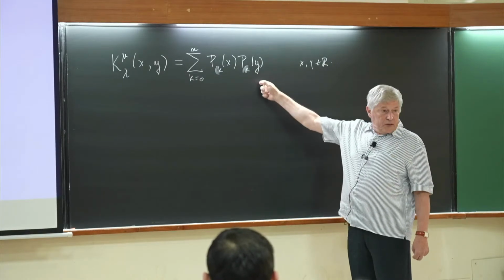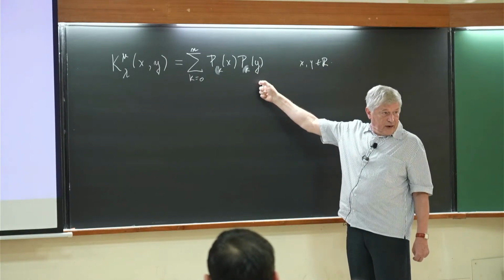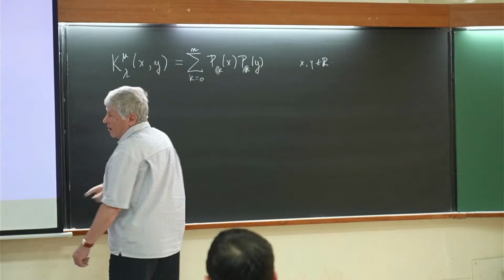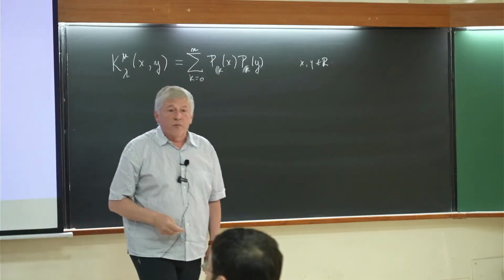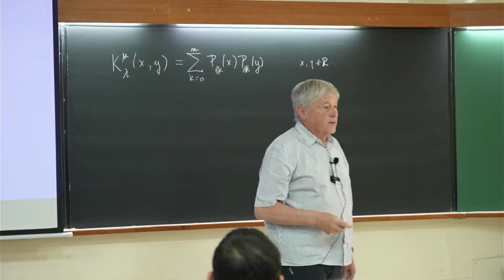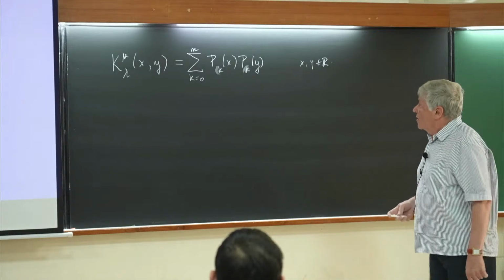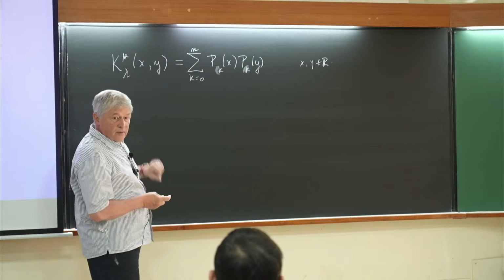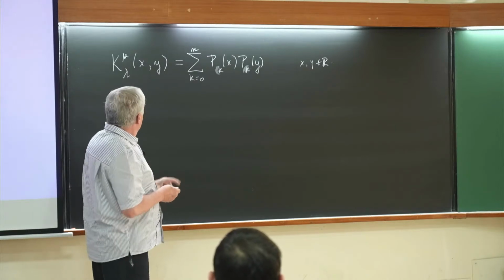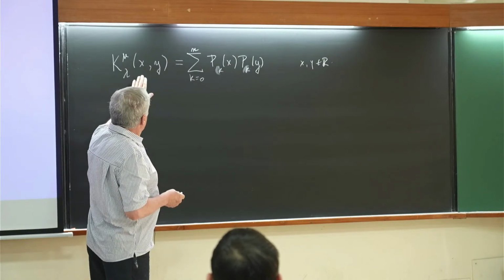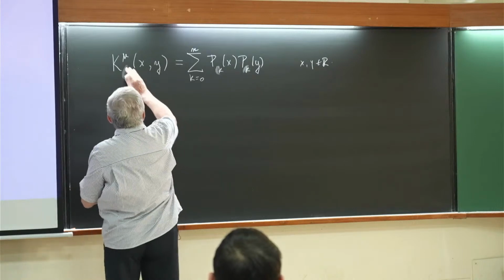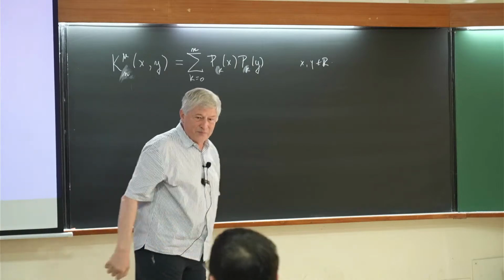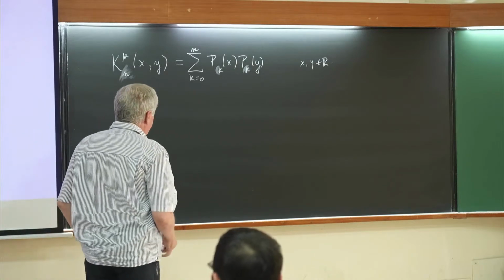Why is this relevant to our problem? Because if I take the orthogonality of the polynomials, this is a function of two variables. My mistake, there is an n there.